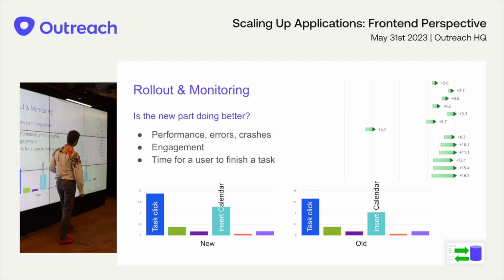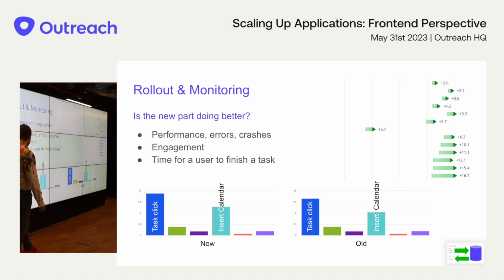So you can both compare the performance and see that the new web app is faster, or you can compare the clicks on, I don't know, tasks or calendar or whatever. You can compare that the users, for example, are clicking more often in the new web app than in the old one.